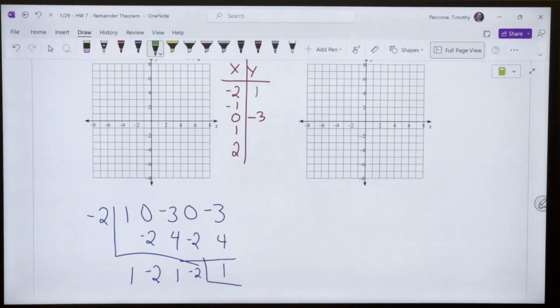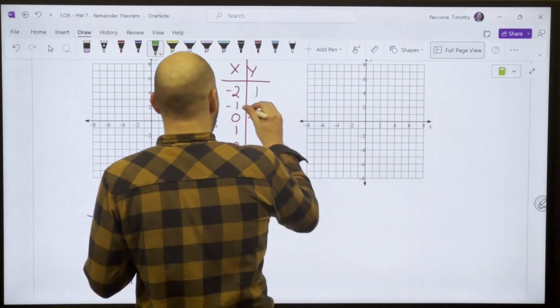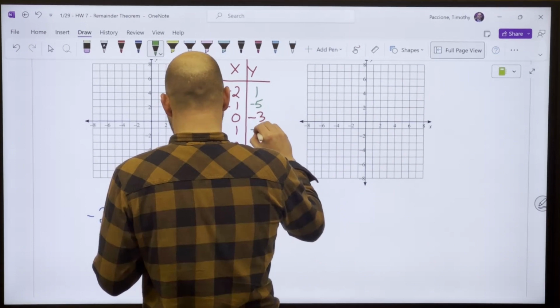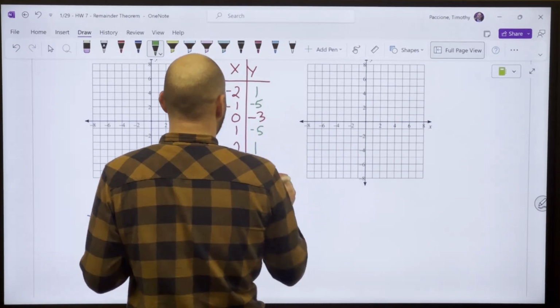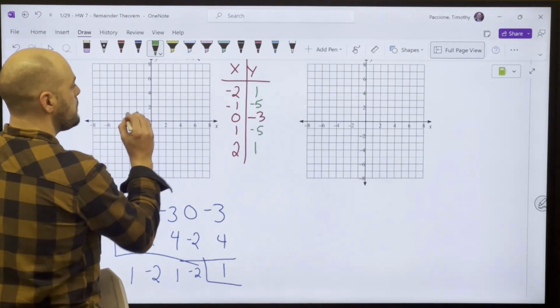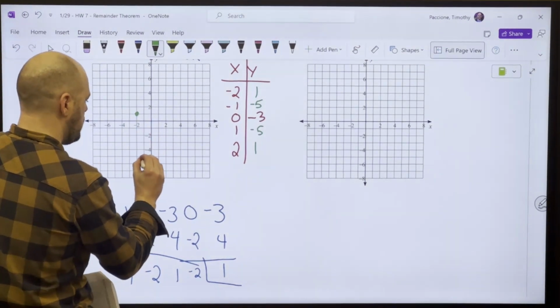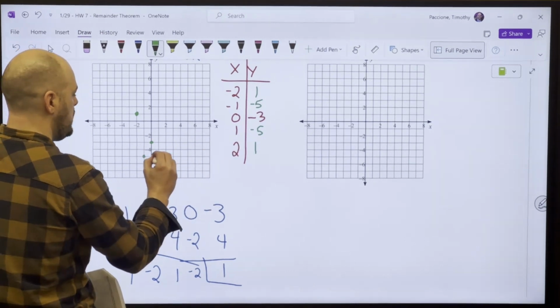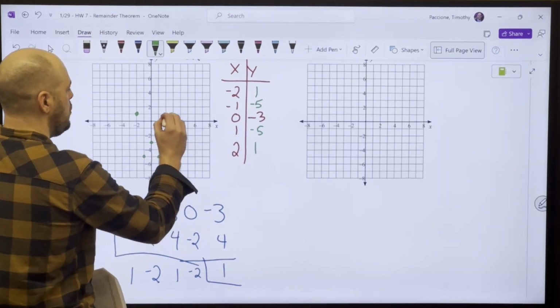You see it didn't take very long, right? And then we fill in the table. And it would be -1, -5, 1, -5, and then 2, 1. And we add those points to the graph, right? -2, 1, -1, -5, 0, -3, 1, -5, 2, 1.